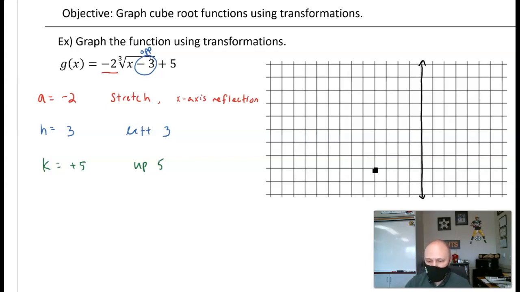And then since I'm going up, I'm going to place my x-axis down, especially since I have a multiplier. Oh, and instead of going to the left, this is actually a +3. We go to the right 3. So since I'm going to the right 3, let me move my y-axis.